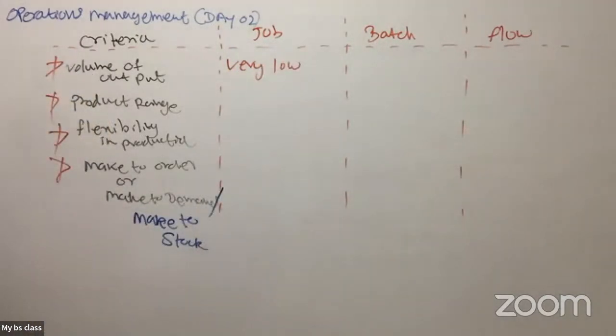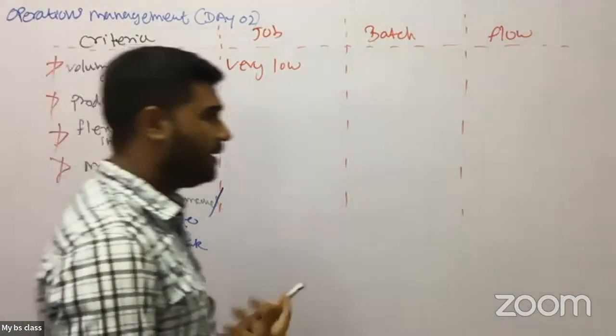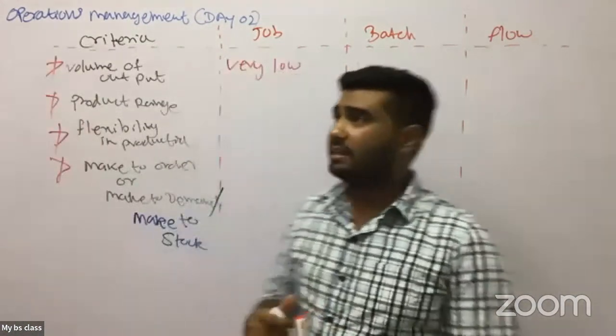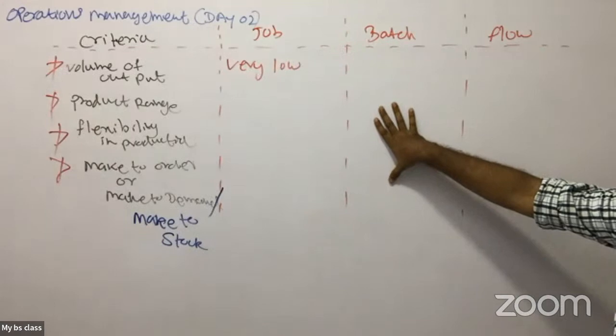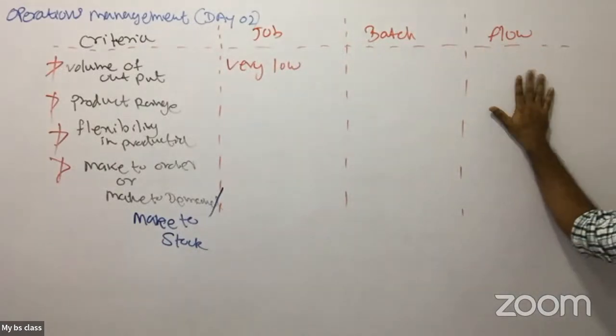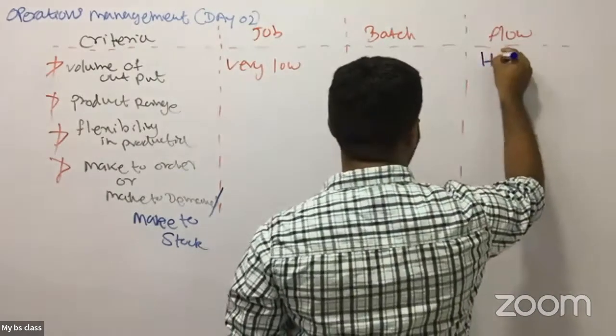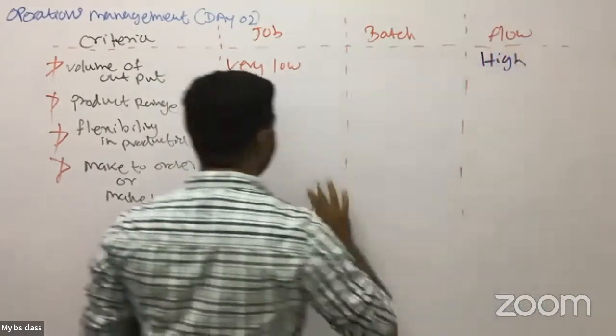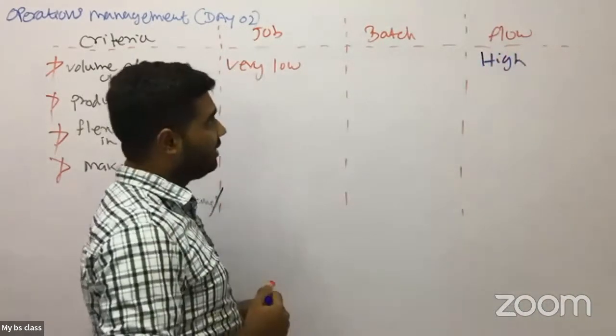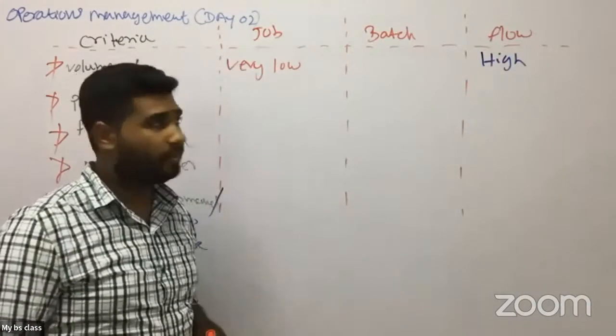And batch, what do you think about the batch? Yes, a medium quantity. එක අපිට හරියට කියන්න බෑ මොකද මේක it's like the hybrid method, right? හැබැයි මෙතන අපිට අනිවාර්යයෙන්ම කියන්න පුළුවන් volume of output is high. High output එකක් මෙතන somewhere between the job and the flow production.